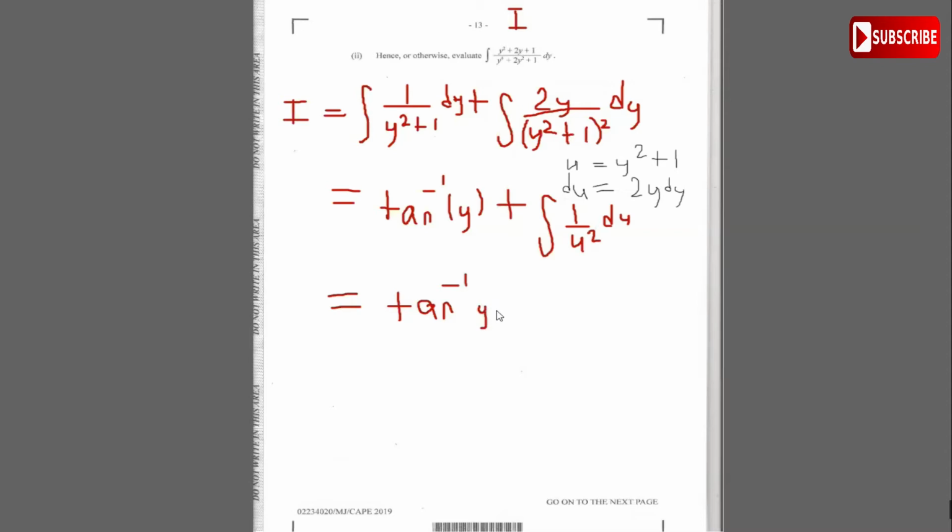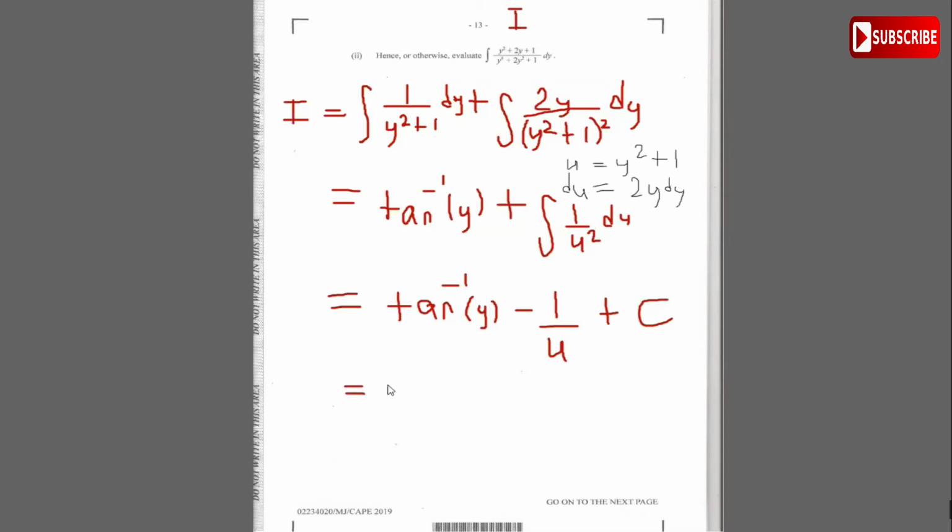plus, now when you're integrating 1 over u squared, that is u to the minus 2, and so you can write it as minus 1 over u. That's what you get when you integrate 1 over u squared. Then remember, when you integrate, you put plus c. But then what was u? u was y squared plus 1.